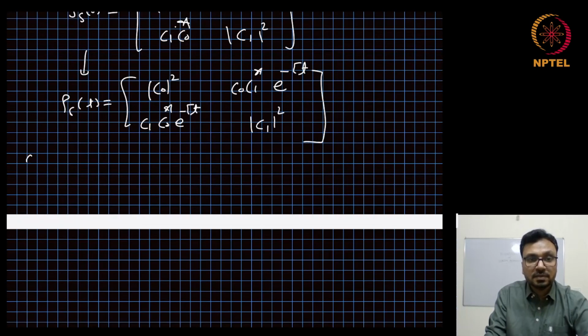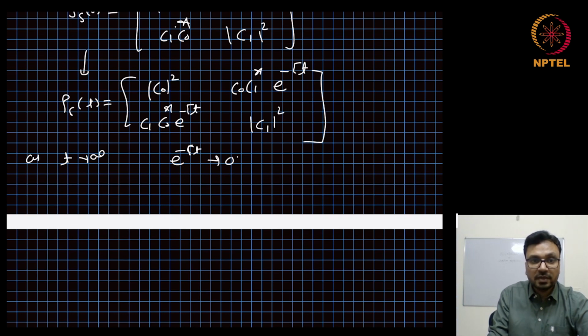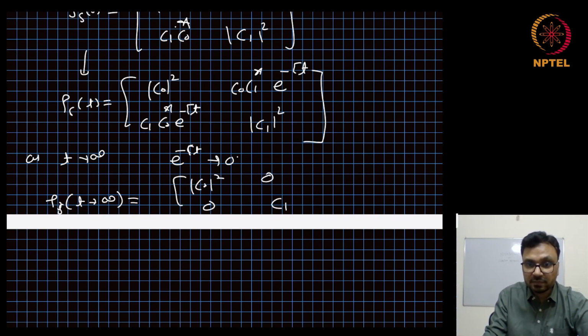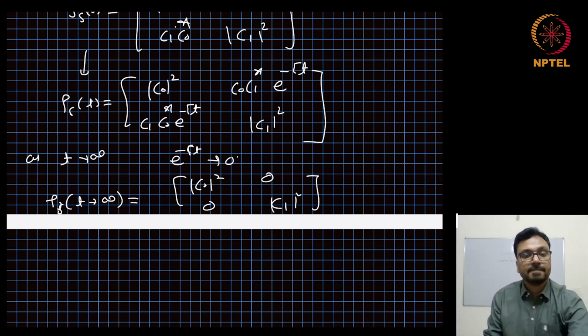And as t tends to infinity, exponential of minus gamma t goes to 0, and we have ρ_s at t tending to infinity to be |c_0|², 0, 0, |c_1|². This is how we see the decoherence.